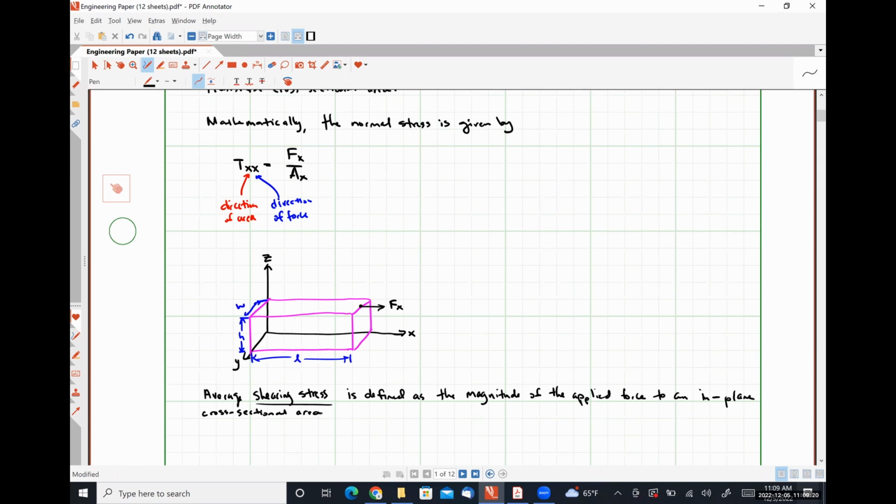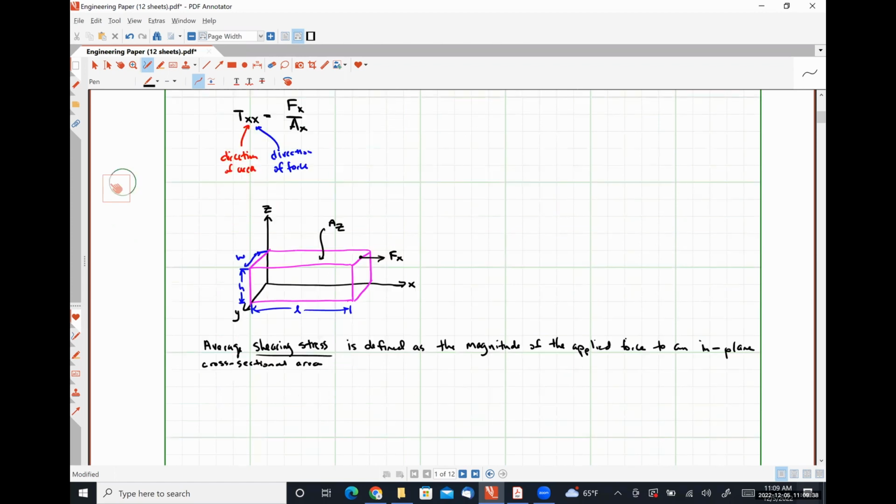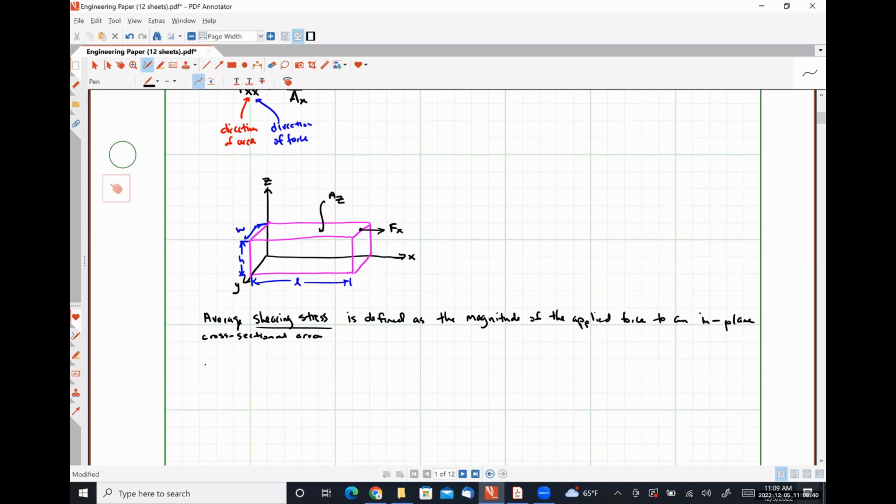So in this case, our cross-sectional area would be this top surface of our beam or member, and it has a vector direction in the Z direction.